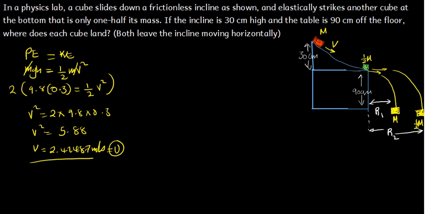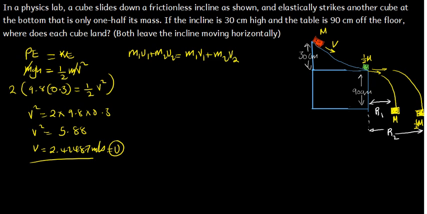From the conservation of momentum, m1 u1 plus m2 u2 should be equal to m1 v1 plus m2 v2.